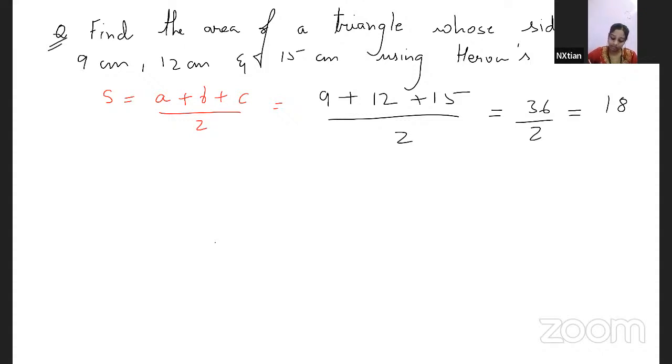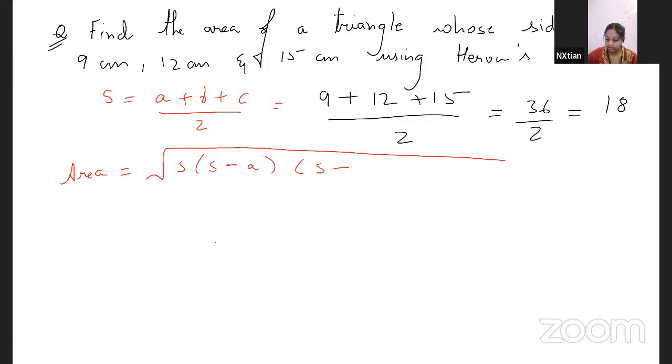Now we will use Heron's formula, which is area equals root of S minus A, S minus B, and S minus C.